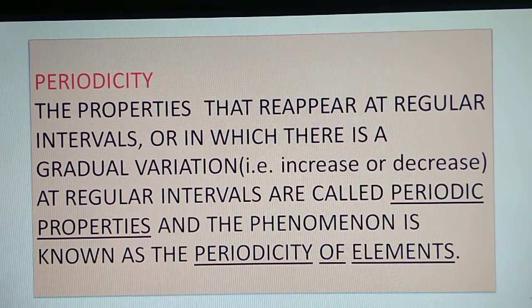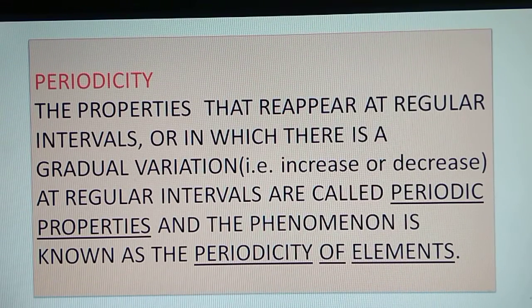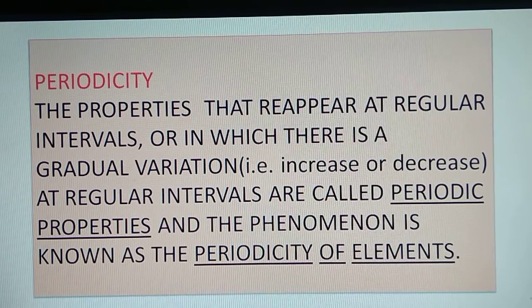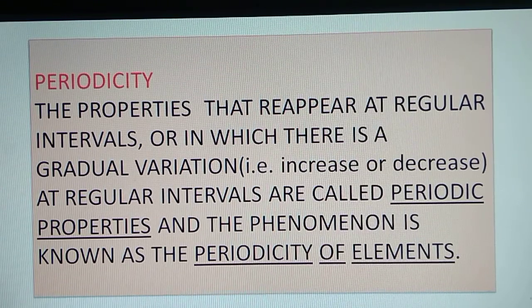What is periodicity? The properties that reappear at regular intervals, or in which there is a gradual variation, that is, increase or decrease at regular intervals, are called periodic properties, and the phenomenon is known as the periodicity of elements.